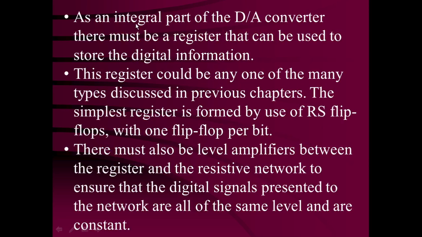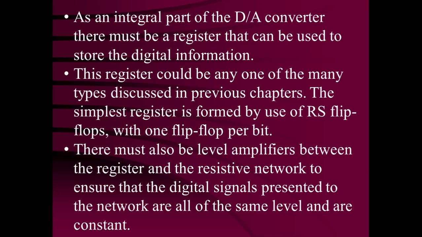As an integral part of the D to A converter, there must be a register that can be used to store the digital information. We have studied the shift register in semester 4. There are four types of shift register: serial in, serial out; serial in, parallel out; parallel in, serial out; and parallel in, parallel out. These four types of shift register can be prepared from flip flops, normally RS flip flop or D flip flop.